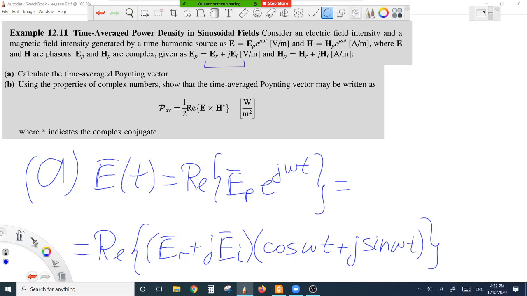So we need to compute the real part of this complex number.